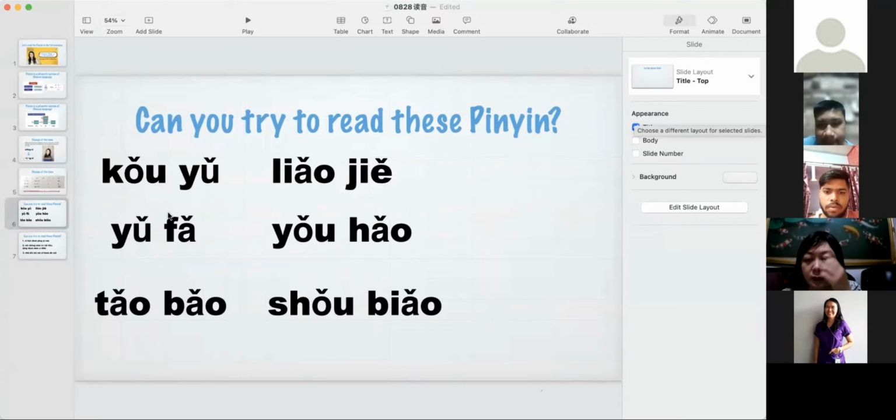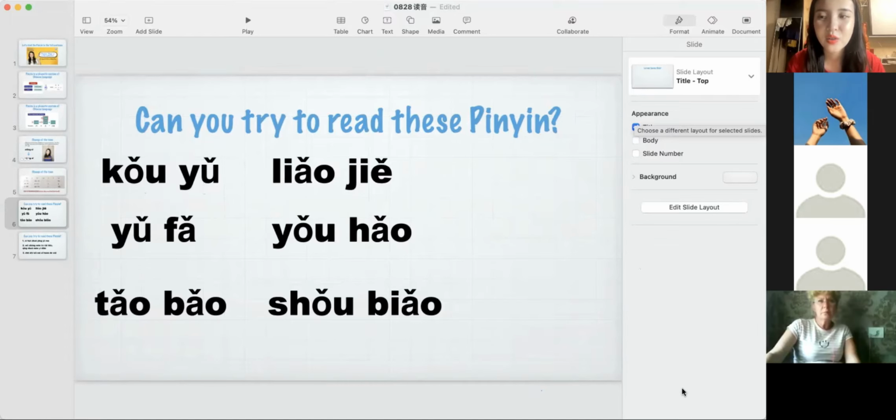Okay. Let's try to read this pinyin. For the second one, it is 语。口语。Can you see my mouse? 口语，口语。Yes.